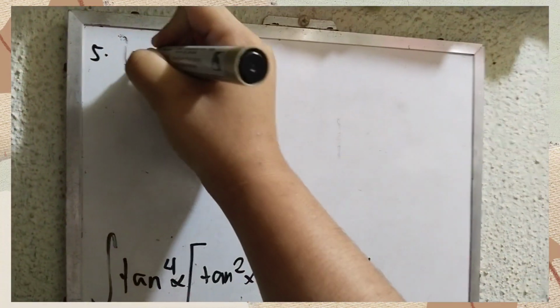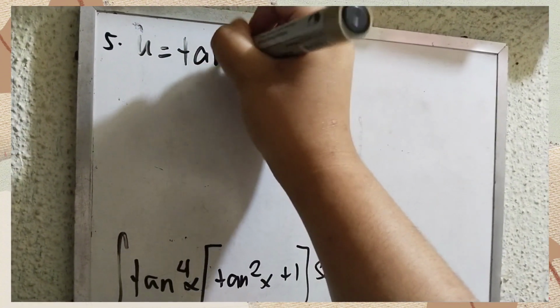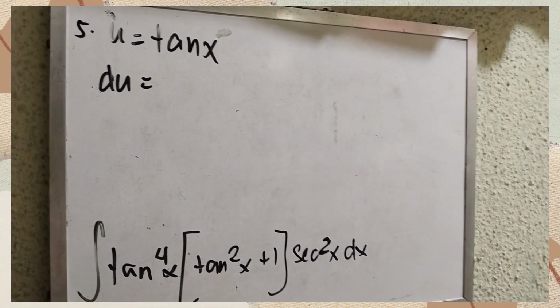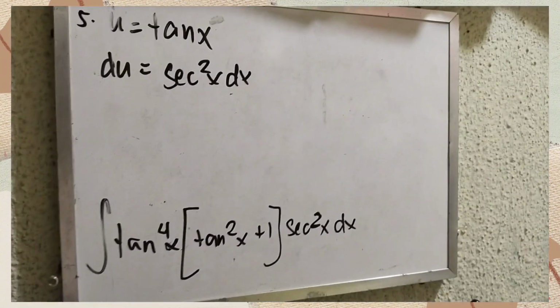Now we can have our u substitution. We let our u, as we have mentioned earlier, be tangent x, and our du will be secant squared x dx.